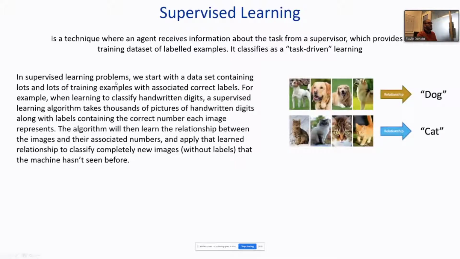In a supervised learning problem, we start with a data set containing lots and lots of examples with associated labels. For example, here we have pictures of dogs and pictures of cats, and you know that these are dogs and these are cats.